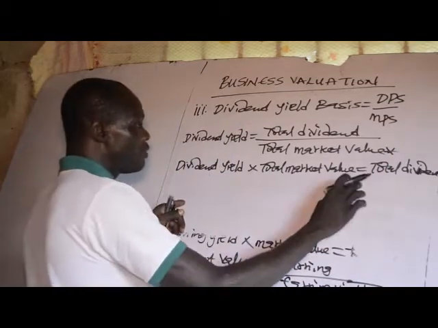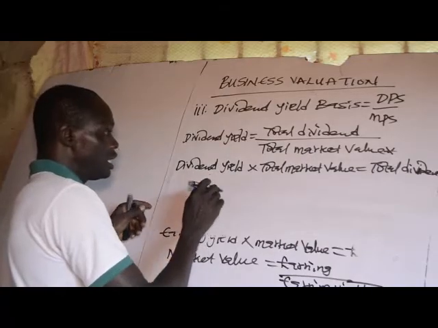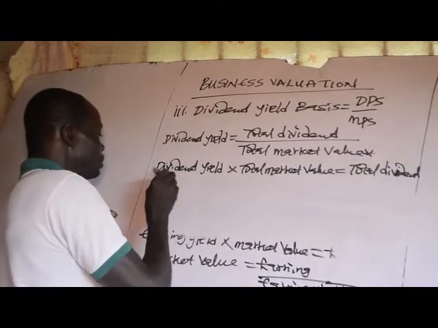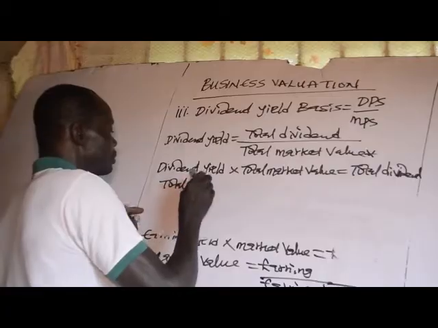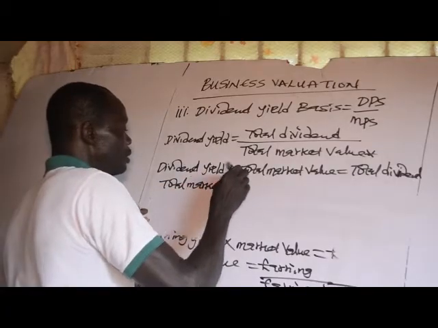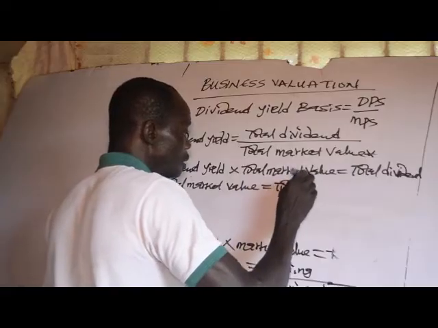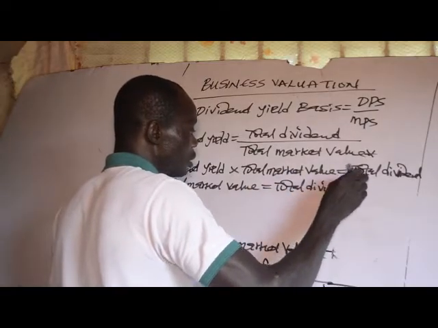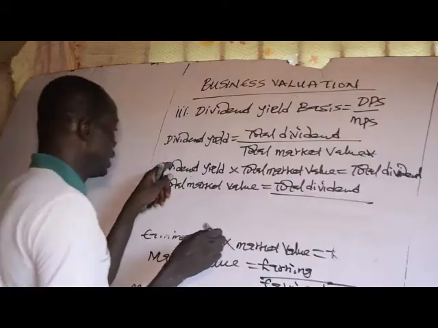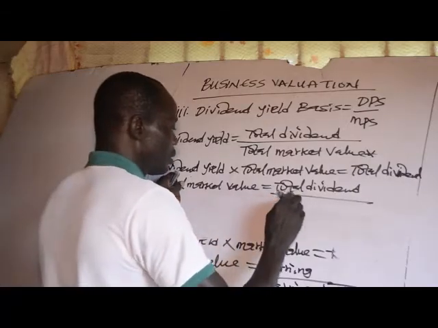To make market value the subject, you divide both sides by dividend yield. Therefore, total market value will now be total dividend divided by dividend yield.